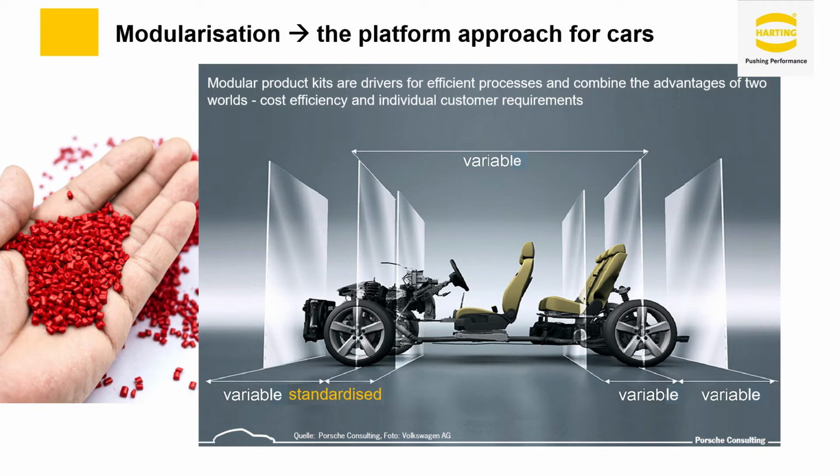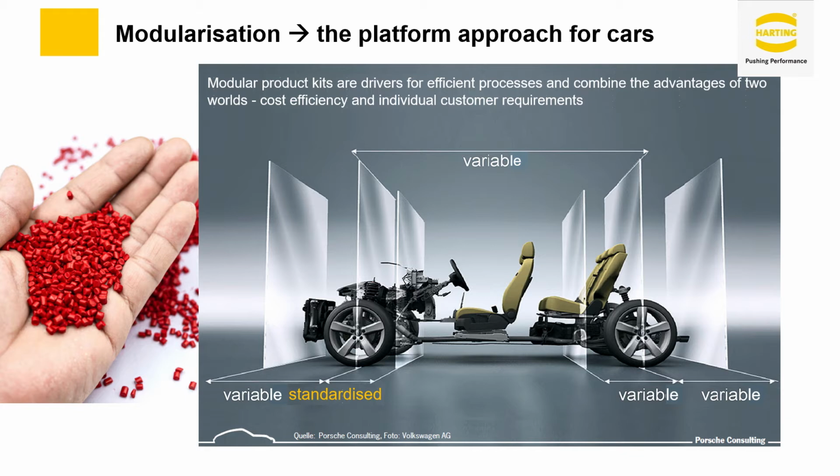But otherwise, the Volkswagen Golf has the same technical units as, for example, the Seat Leon from the Spanish company. And otherwise, these two types of cars look totally different.